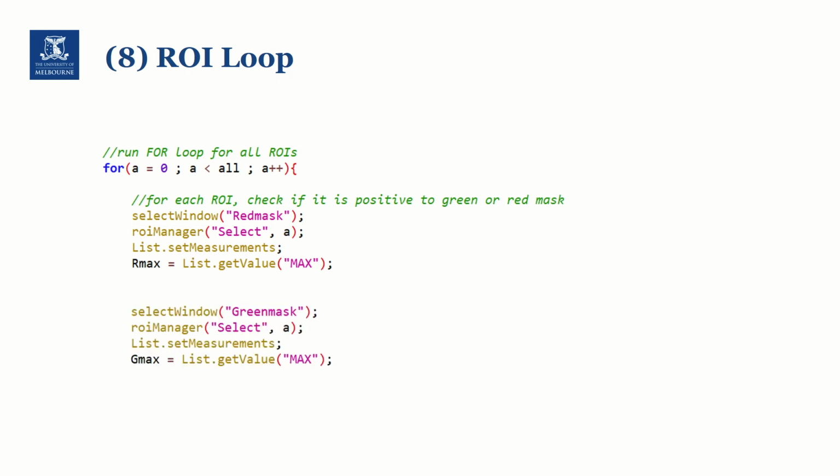Then we will do the same procedure on the green mask by selecting the green mask image, selecting the same ROI, measuring the selection, and grabbing the max value and storing it into a different variable named gmax. Now we have the max intensity measurements from both the red and green mask images.